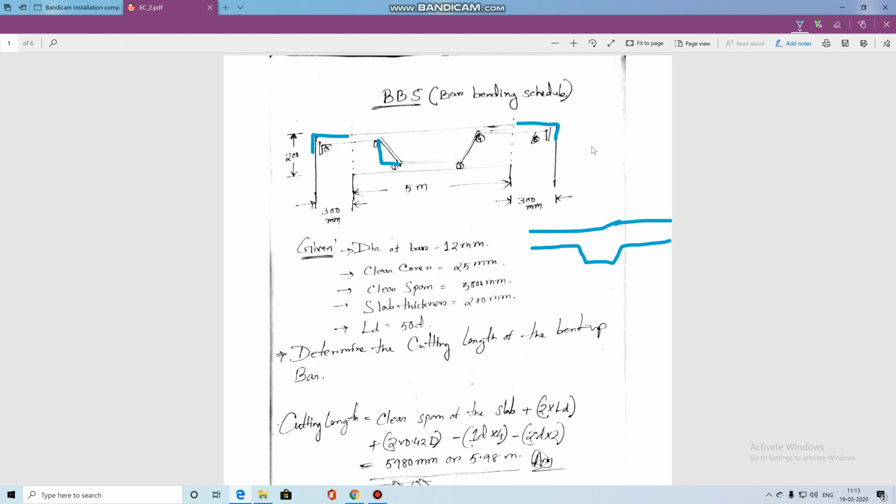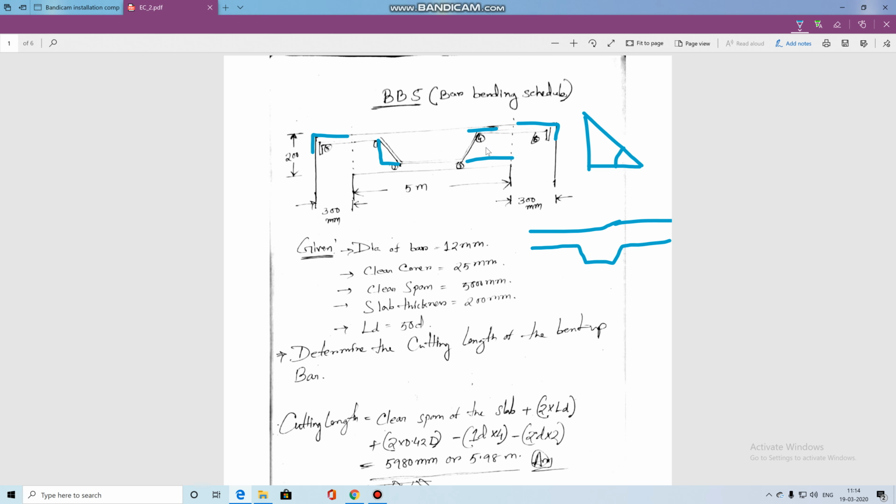This extra portion can be calculated by making a simple triangle, and the inclination is 45 degrees. This is the distance between the top reinforcement and the bottom reinforcement: this portion is the top reinforcement, and this portion is the bottom reinforcement.